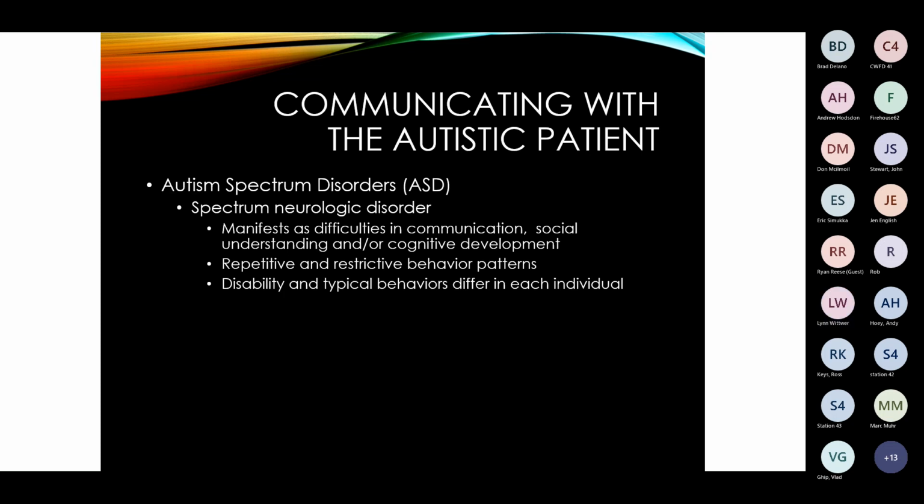With an autistic patient, the spectrum neurologic disorder manifests as difficulties in communication, social understanding, and/or cognitive development. They often have repetitive and restrictive behavior patterns.